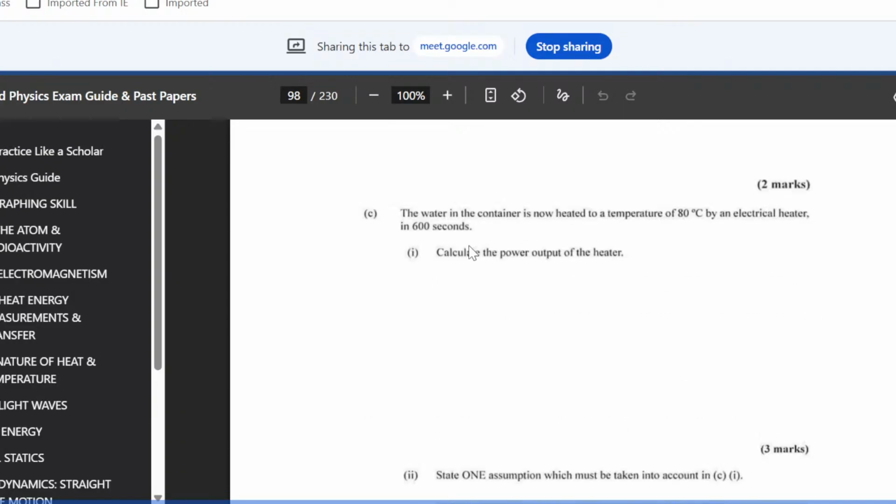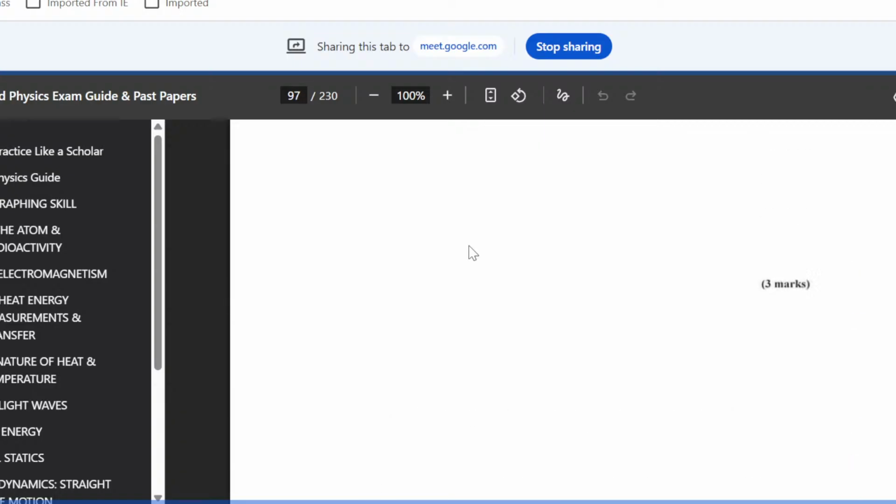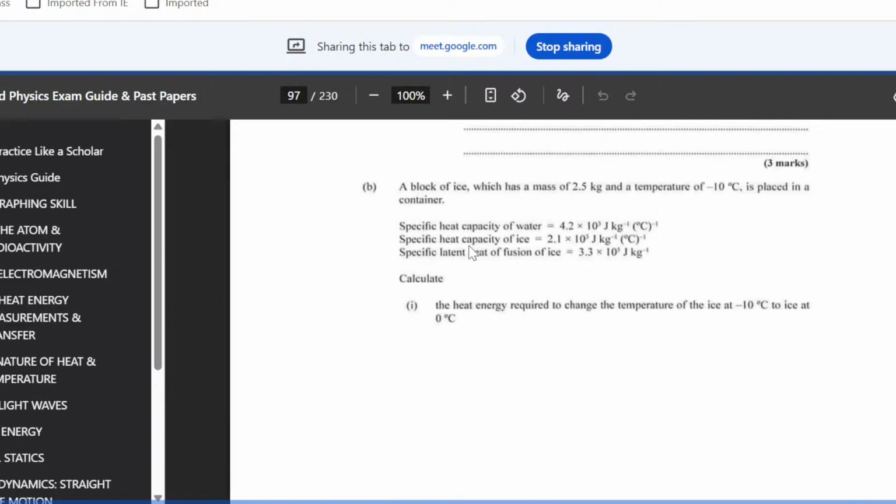So that's why you got 14? Well, when I did it, I got 140,000. Okay, sir, scroll up to the specific details. Right, so it would be 2.5 times 4,200 and multiply that by 80, which is the change in temperature, right?